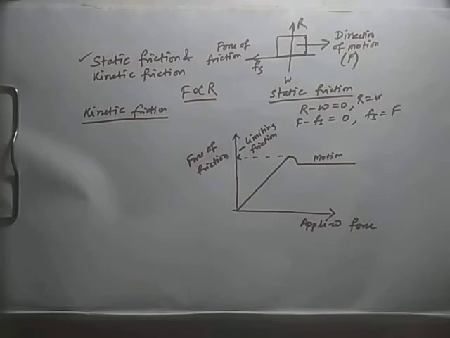Because when the horse applies a force to pull the cart in the beginning, the static friction force also increases. So the horse has to apply a large force to counterbalance the static frictional force. As soon as the cart comes into motion, the static friction changes to kinetic friction. Since the kinetic force of friction is less than the static friction, the horse has to apply less force when the cart is in motion.